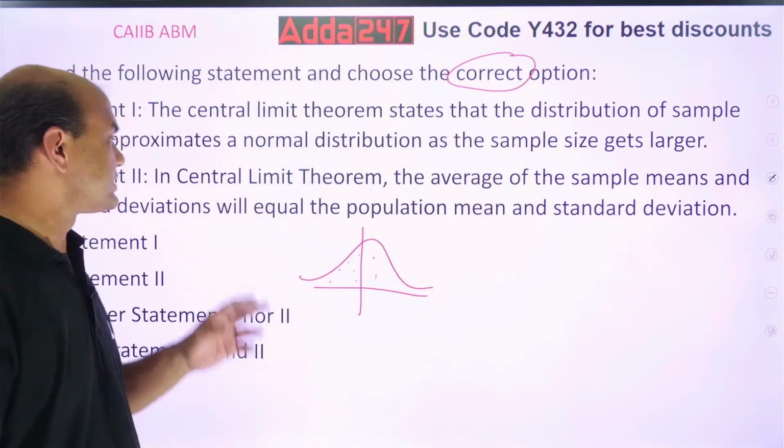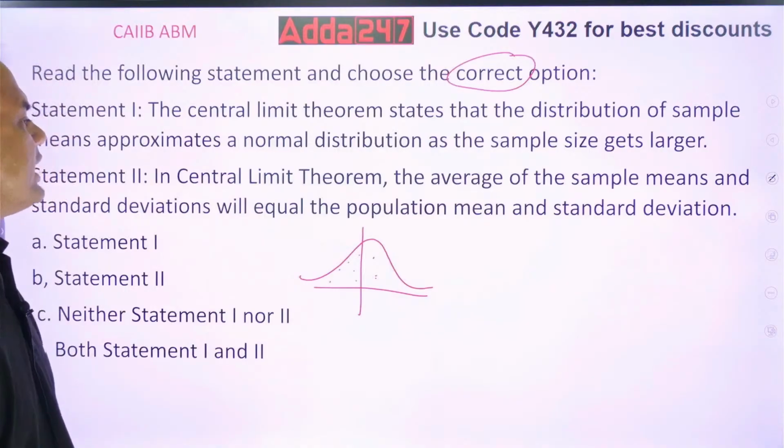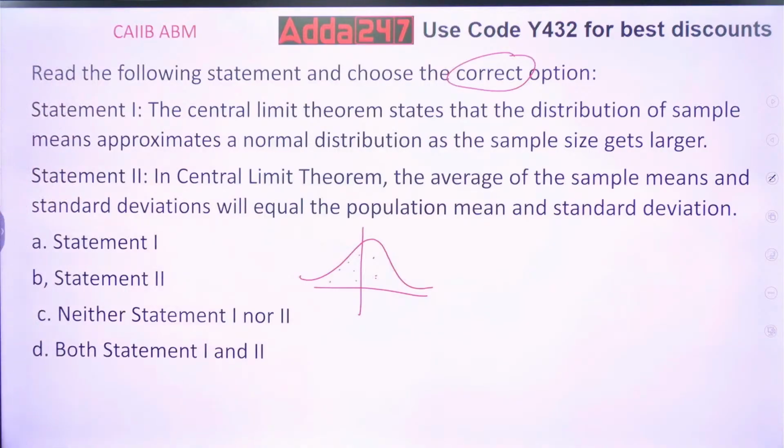Now about statement 2. The average of sample means and standard deviation will be equal to the population mean and the standard deviation. Is this true? That is the basic logic of the central limit theorem.